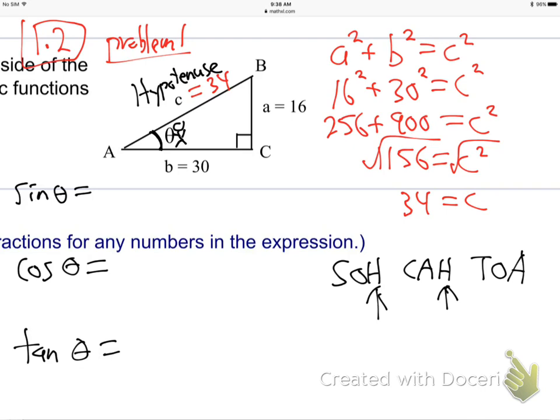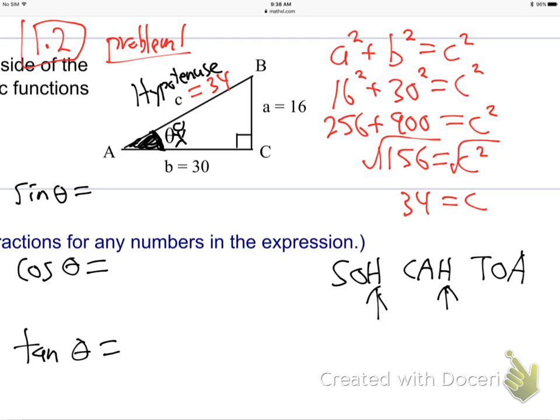Now, what do we mean by opposite and adjacent? The other two sides, the A and the B, are the opposite and the adjacent, and that depends on your perspective. If you're right here, which side is adjacent? It means touching you. The people adjacent to you are the people on your right and your left, right next to you.